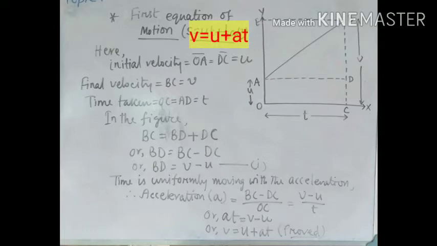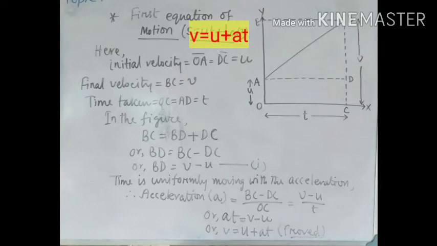According to time, if you observe the graph AB, the body is moving, or it has acceleration. So acceleration a equals v minus u by t, the formula we have already taken earlier.